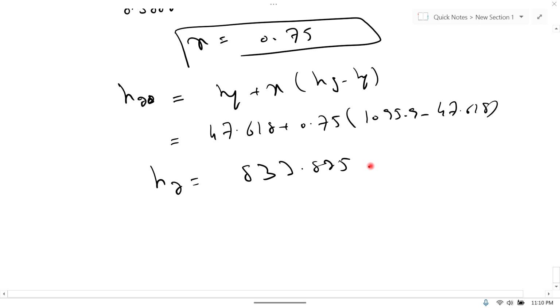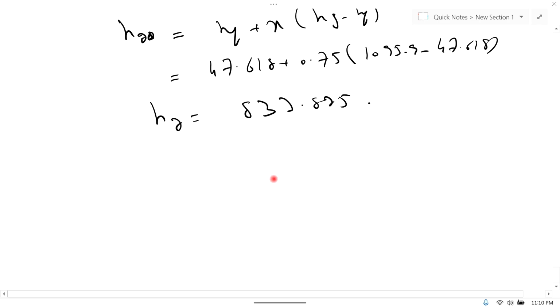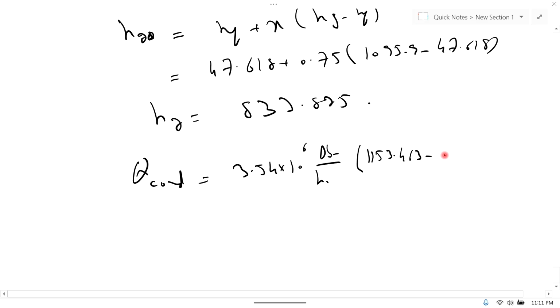Now you can find heat transfer in the condenser. Putting values in the above formula: m dot of the condenser, which is basically 3.54 multiplied by 10 power 6 pound mass per hour, times (H3 minus H2). So H3 is 1153.463 minus 833.829, and the unit is BTU per pound mass.